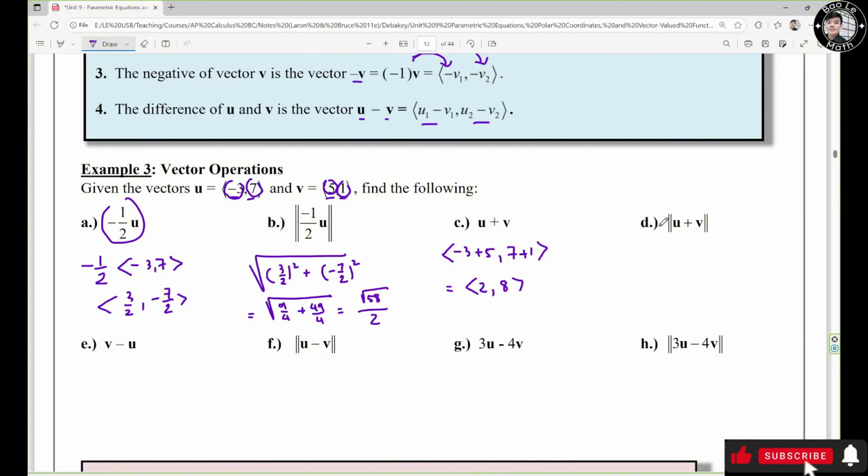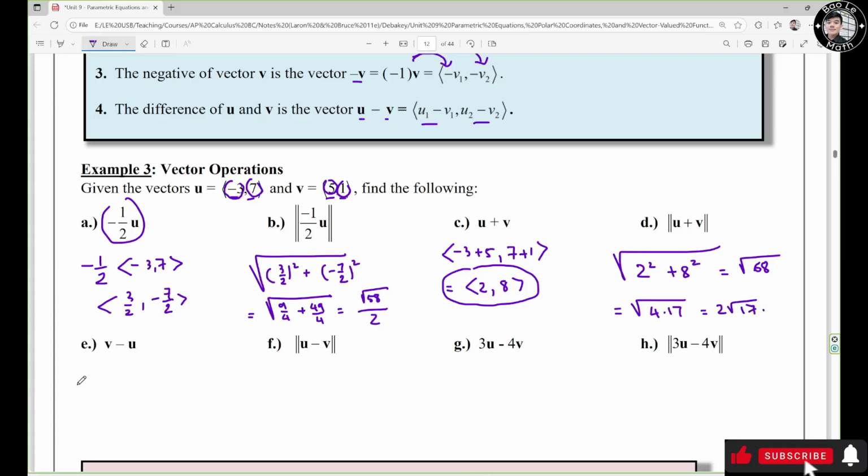Question D, you're gonna take the magnitude of vector u plus vector v, which is you're gonna take the magnitude of this one right here, right? So it can be square root of 2 squared plus 8 squared. So it's gonna be square root of 68, right? Now 68 can be written as 4 times 17, right? So 4 you're gonna bring it outside, so it's gonna be 2 square root of 17, right?